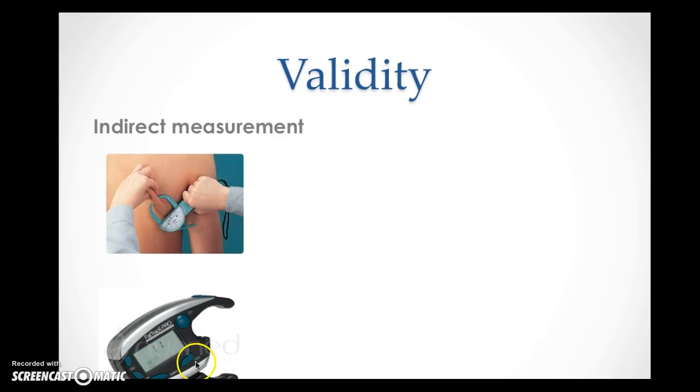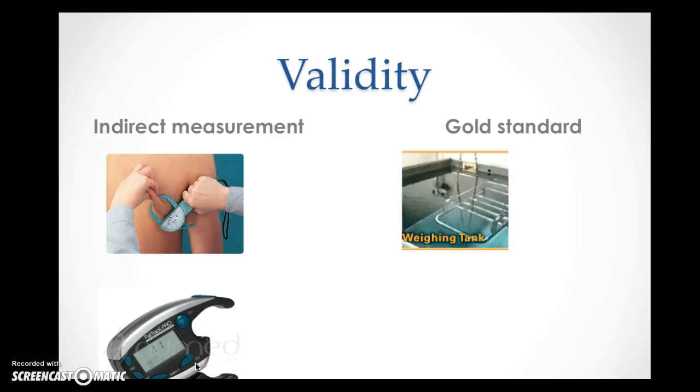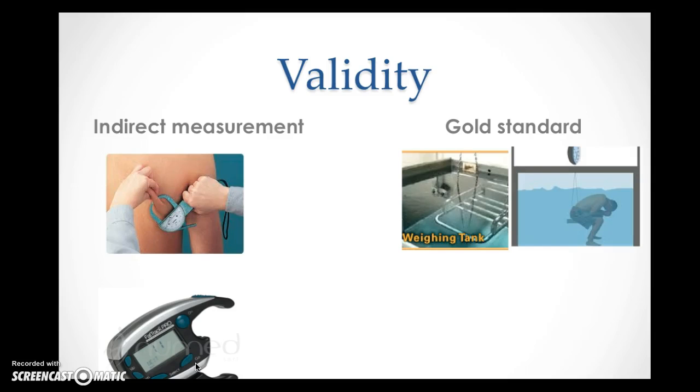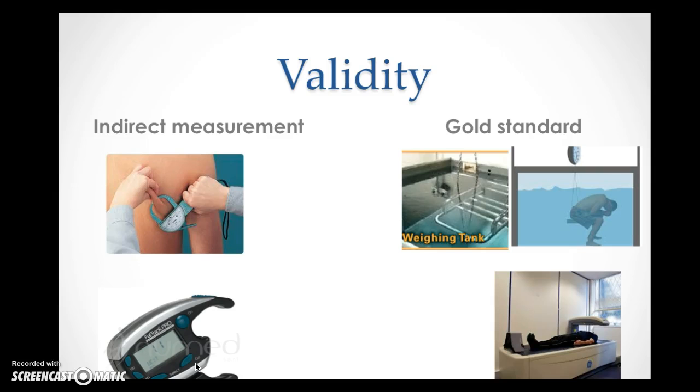This is the manual, this is the electronic caliper, and they have compared the validity of such instruments to a more direct method of body fat estimate, or what's actually considered the gold standard for measuring body fat in an individual, such as performing an underwater weighing or using a dual energy X-ray absorptiometry to estimate percentage, again, of a person's body fat.